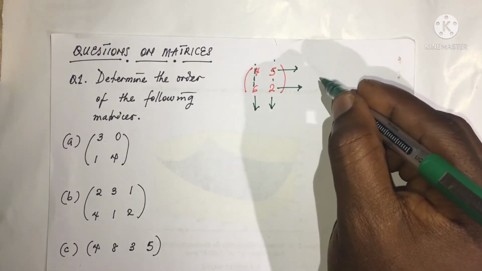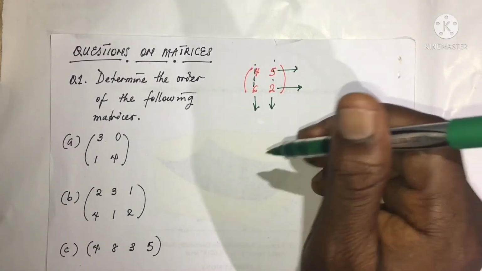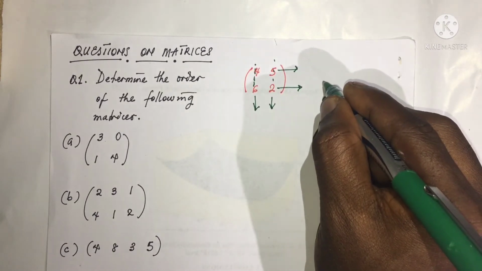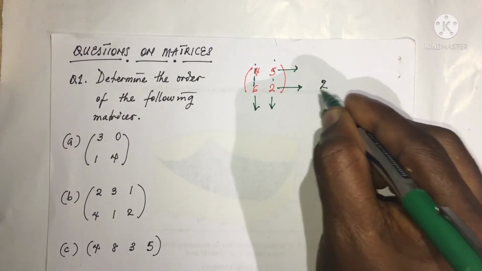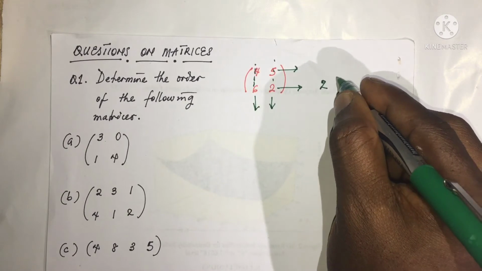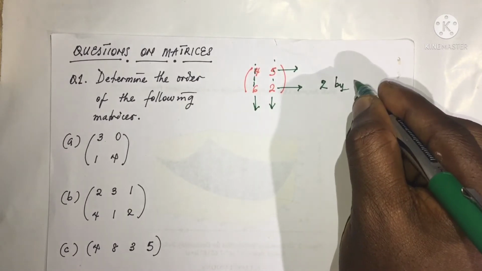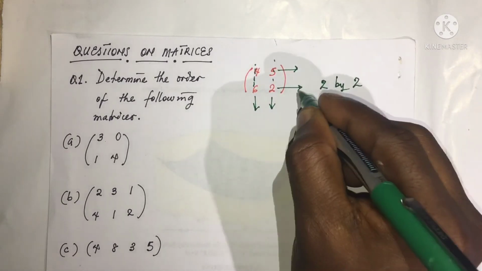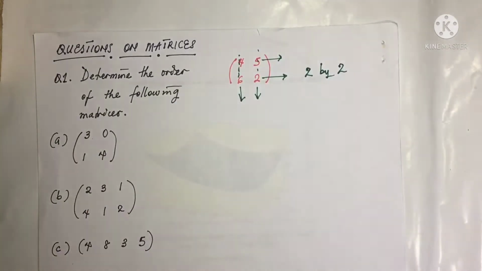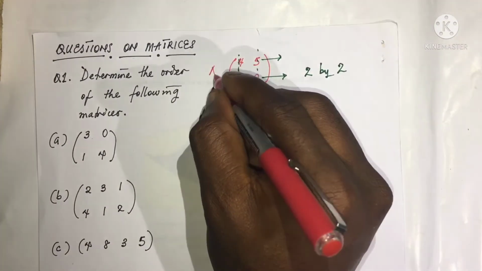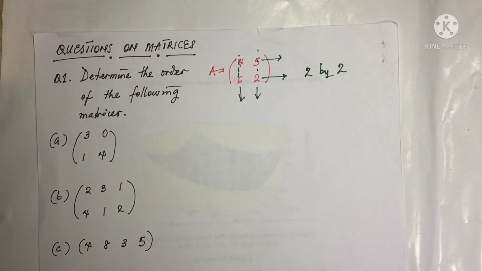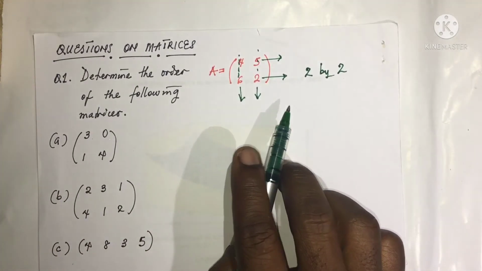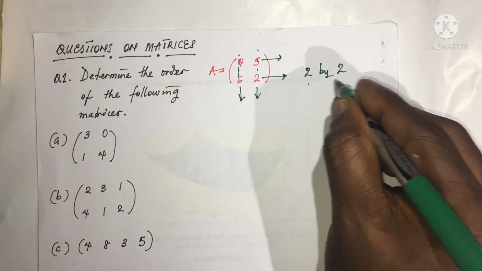If you want to specify the order of a matrix, all you have to do is write that for this matrix there are 2 rows by 2 columns. If I call this matrix A, then the order of this matrix is 2 by 2.